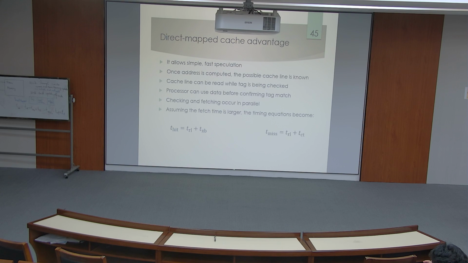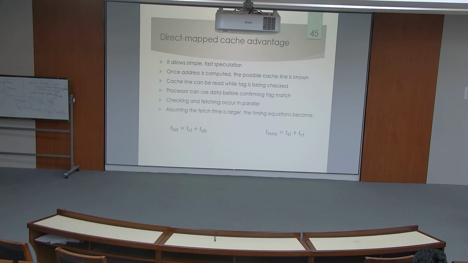Checking the tag and fetching the data can be done at the same time for direct mapped, because the system knows the tag that needs to be checked against the line number, and the system also knows the line in the cache memory.